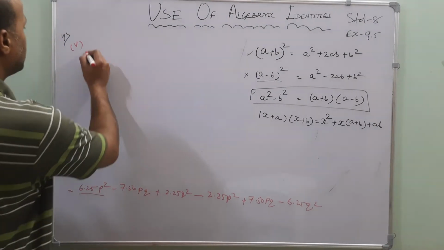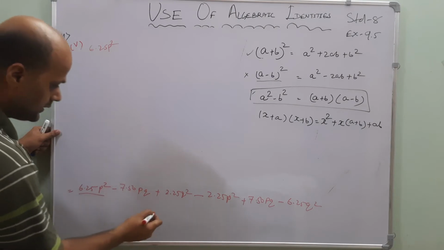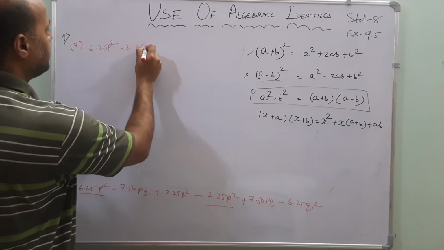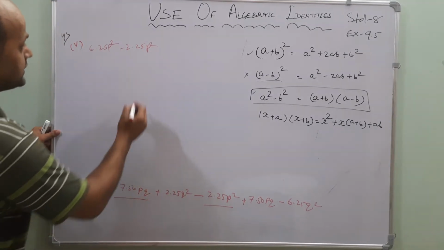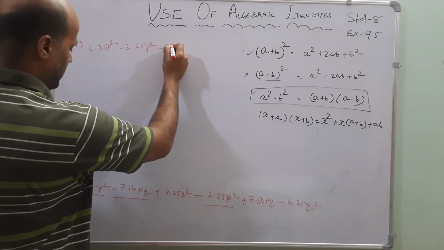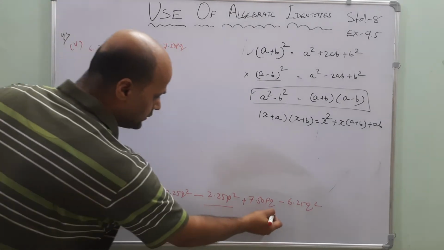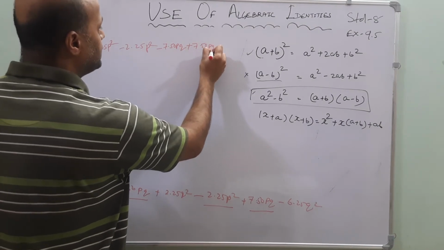First write the p square part. 6.25 p square, over. Any p square? Yes. Minus 2.25 p square, this one is over. Which one is there? This one is there. Minus 7.50 pq, this one is over. Any pq? Yes, it is there. Plus 7.50 pq.